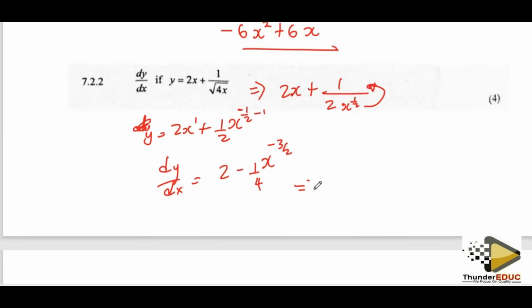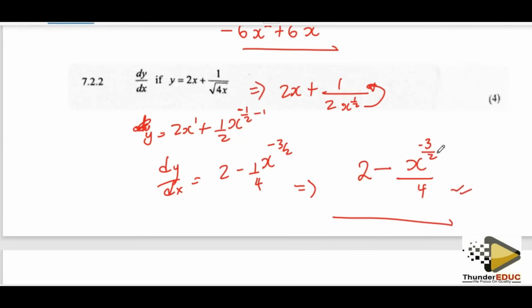So my answer I can express as 2 minus x to the negative 3 over 2 over 4. That will be my answer. For as long as the question does not tell you to leave your answer with a positive exponent, just leave it like this and move on.